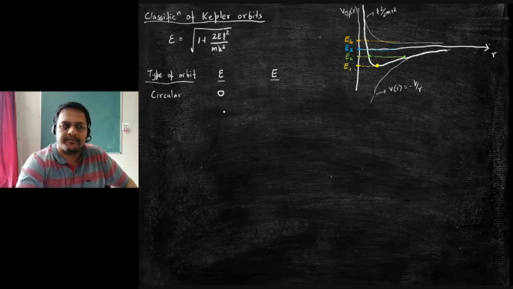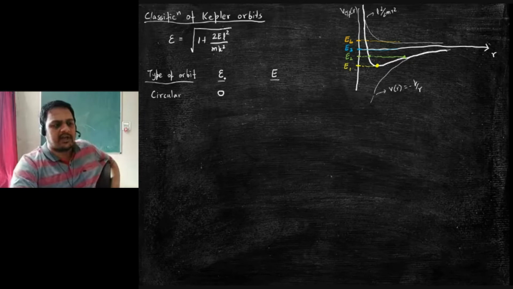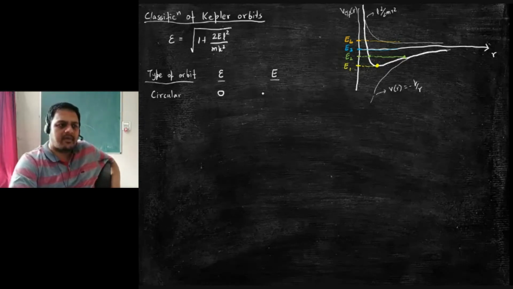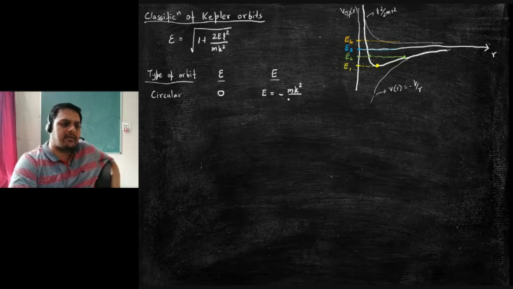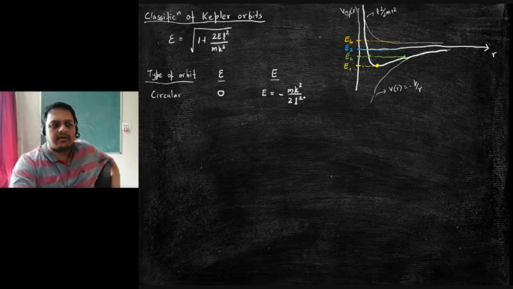0, you said. Now, if this eccentricity has to be 0, what should be the value of E in terms of all the other numbers? E should be equal to minus mk square by 2 L square. Correct? Then you will get 1 minus 1, 0.